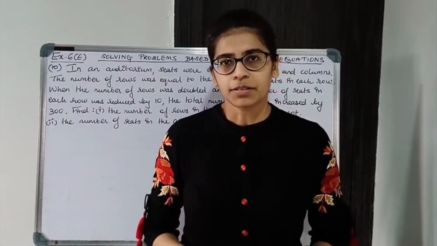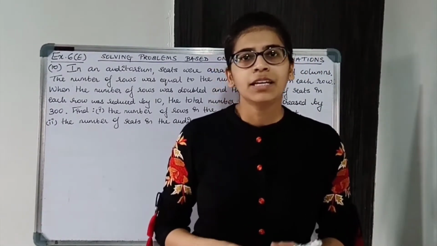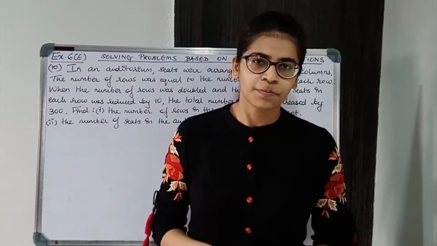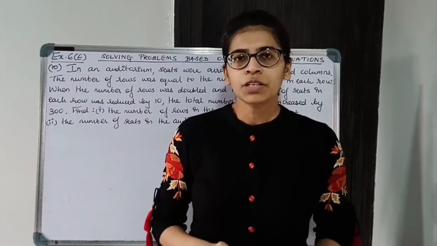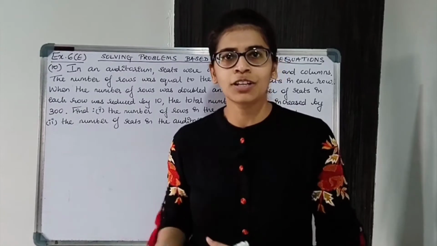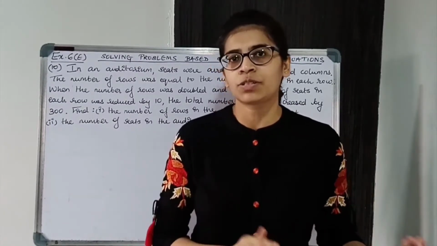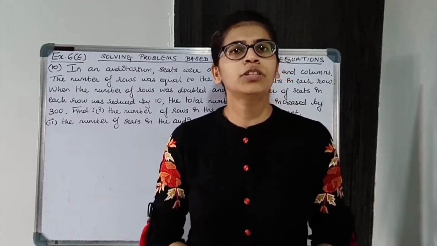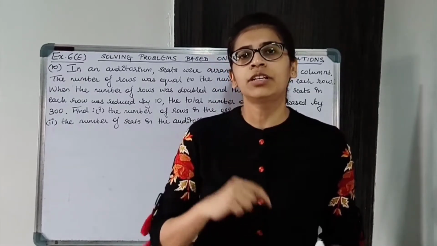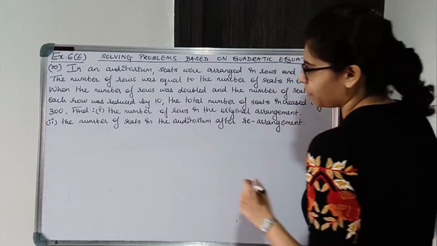There is an auditorium and seats are being arranged in the form of rows and columns. Now the arrangement is in two different manners. One is the original arrangement, the other is the new arrangement, that is rearrangement. So the two cases over here are original arrangement and new arrangement.